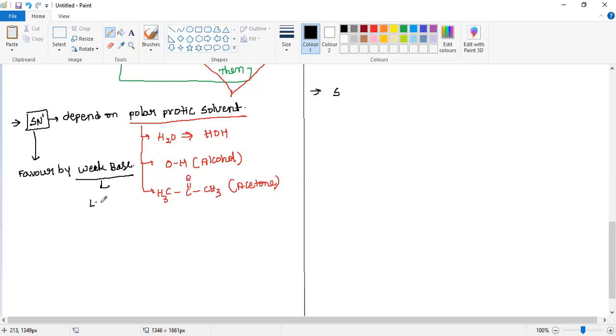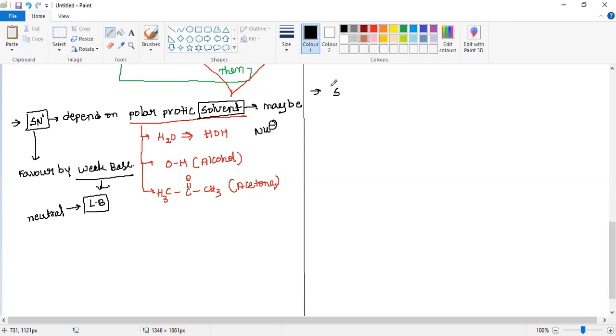It is a Lewis base. Weak Lewis bases which can behave as neutral. A weak base is nothing but very near to neutral only. Now, in most of the cases the solvent may be the nucleophile.